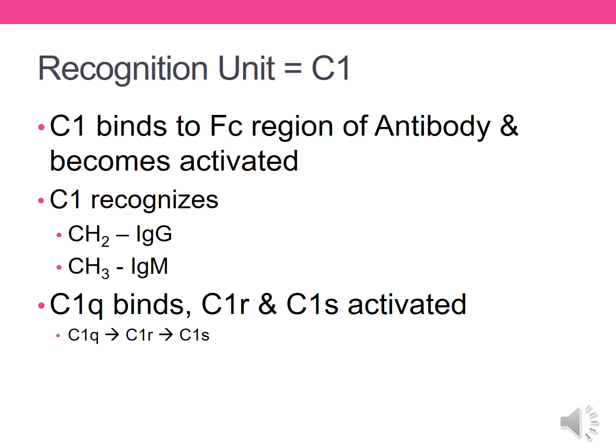That's the CH2 on the constant portion of the antibody, and it recognizes the CH3 region on IgM. So C1q will bind with C1r and C1s and will become activated. Alright, so we are going to actually have our first enzymatic complex when these three combine.